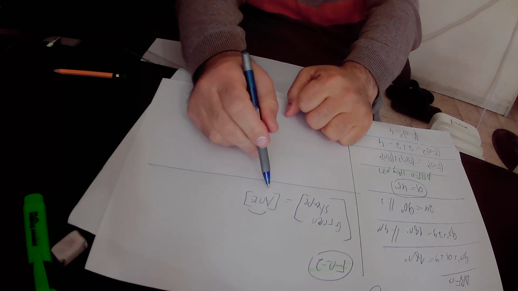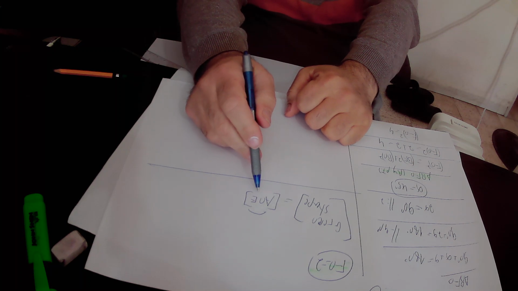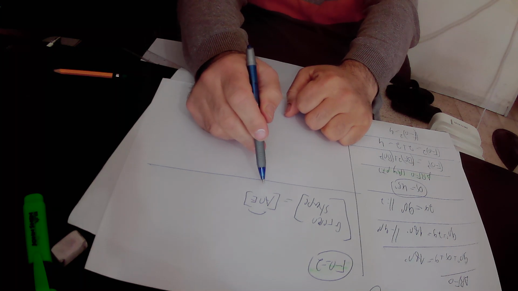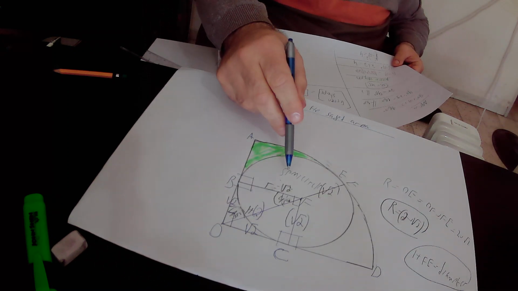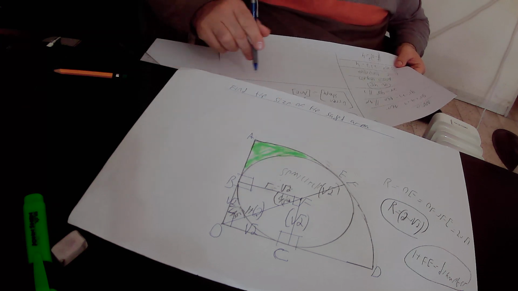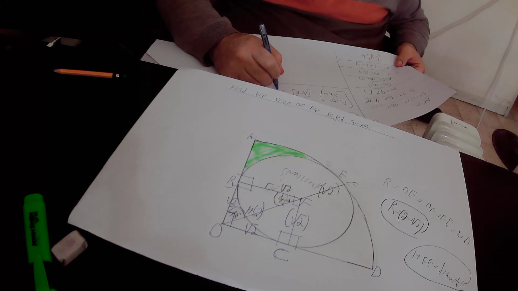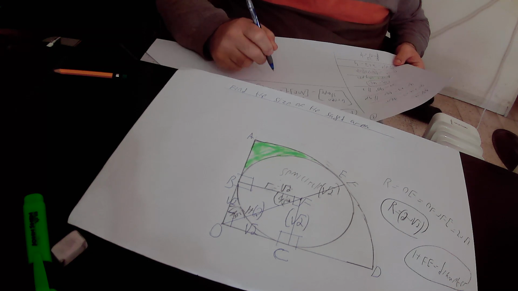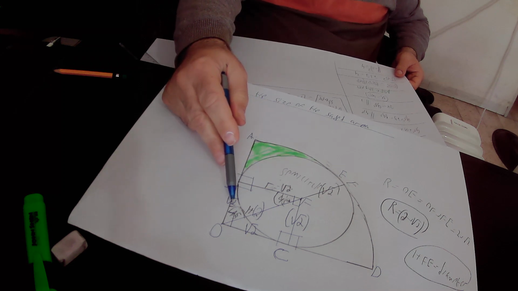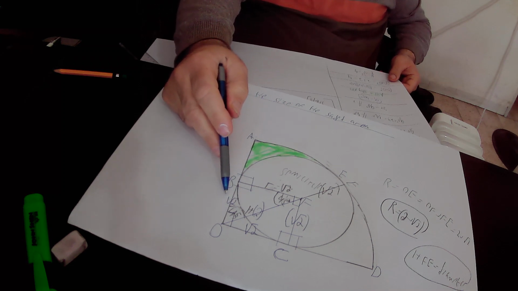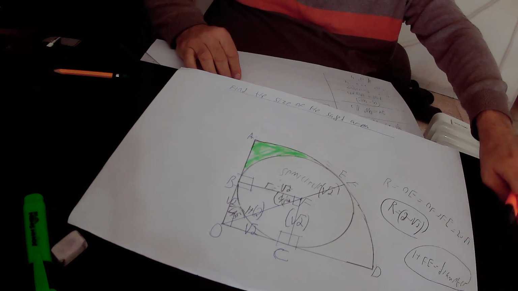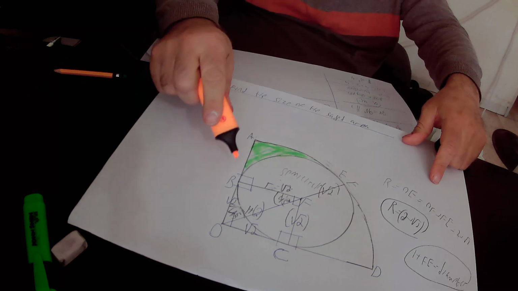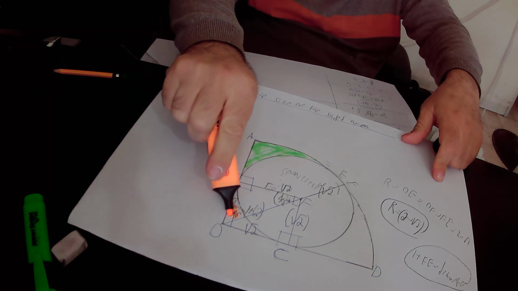This sign above AOE is a sign for a sector. Minus the area of this small semicircle, minus the area of the small orange shape HBO.